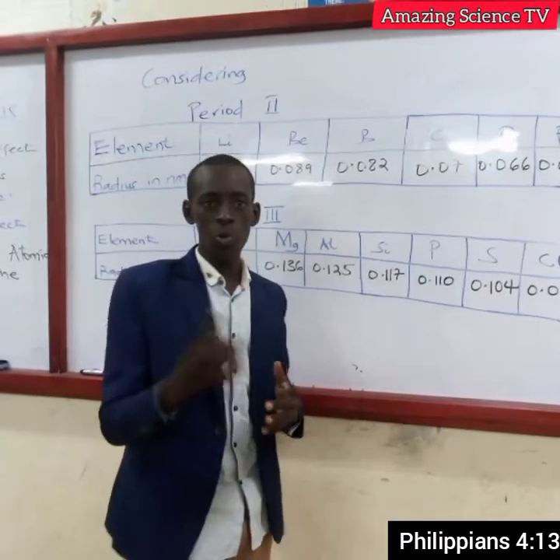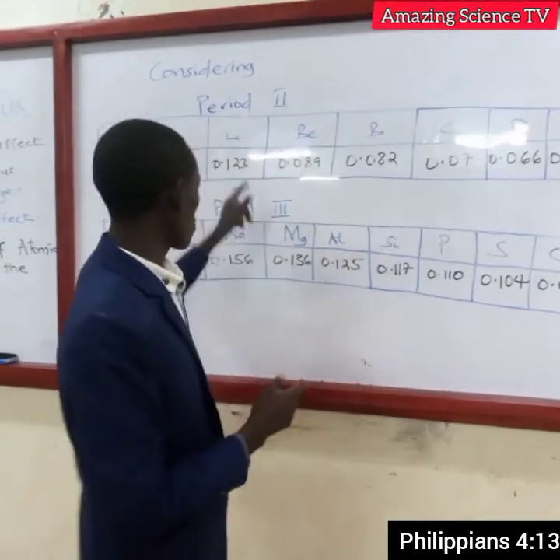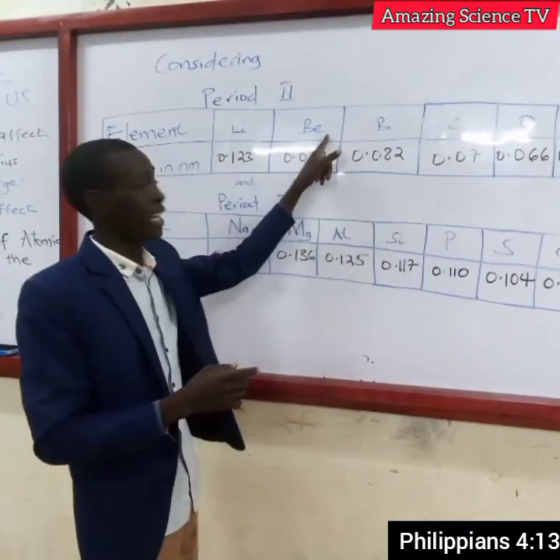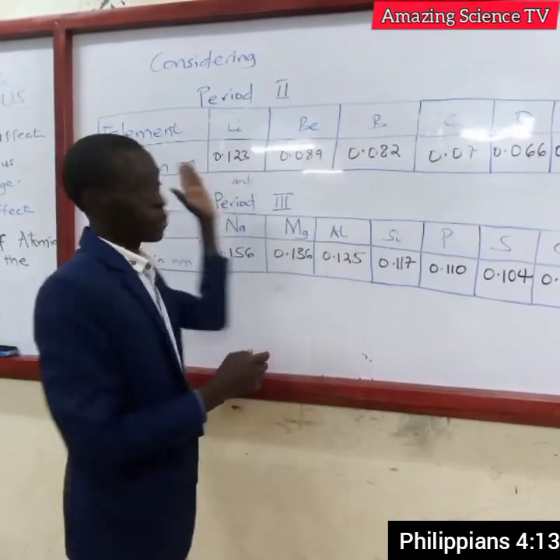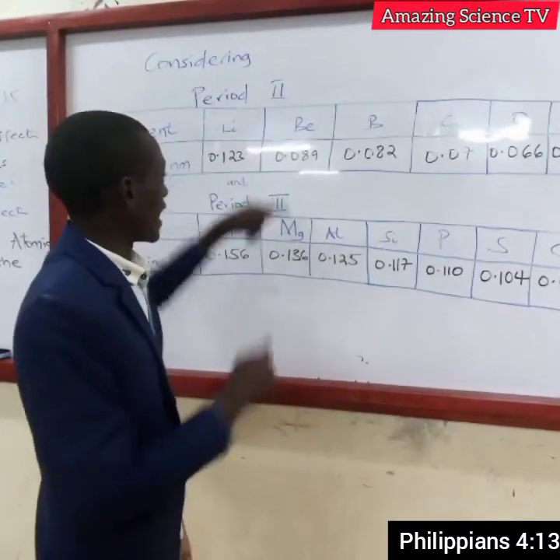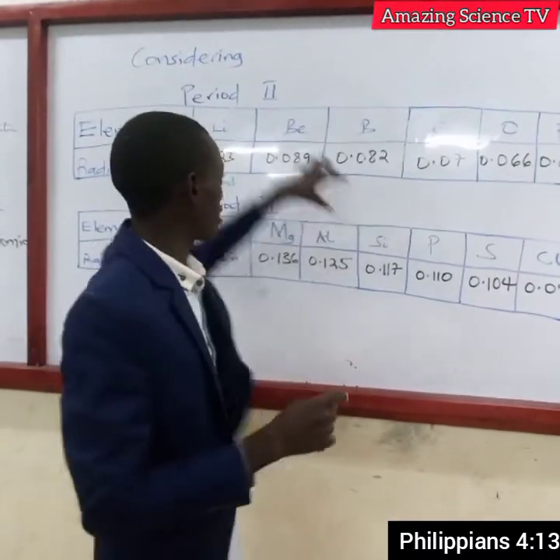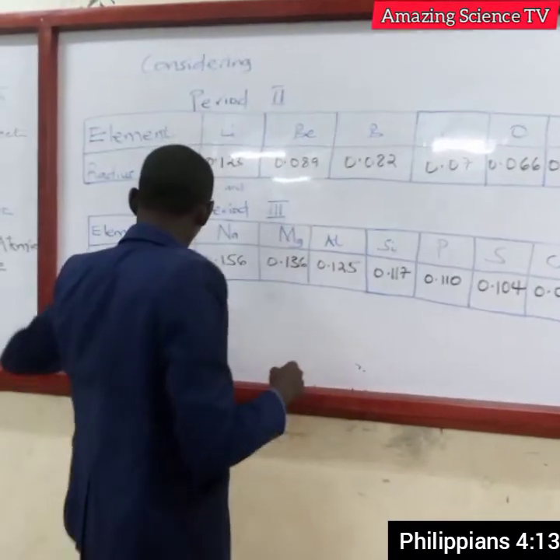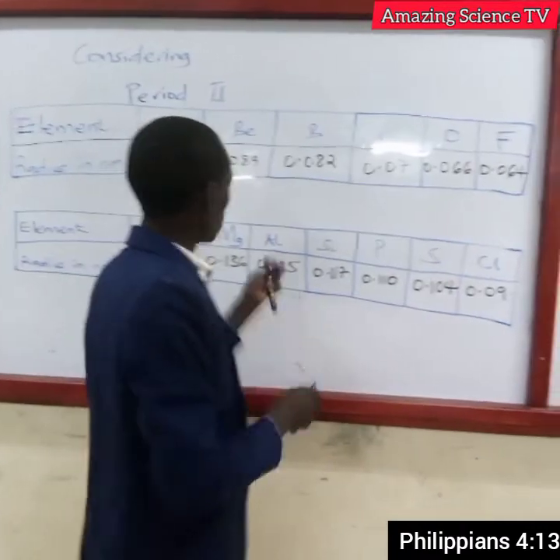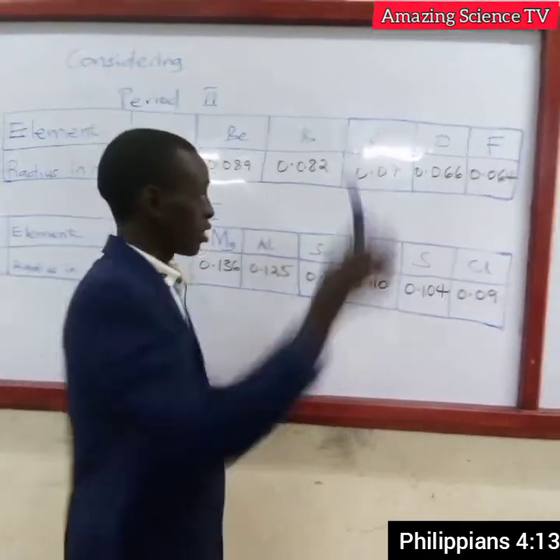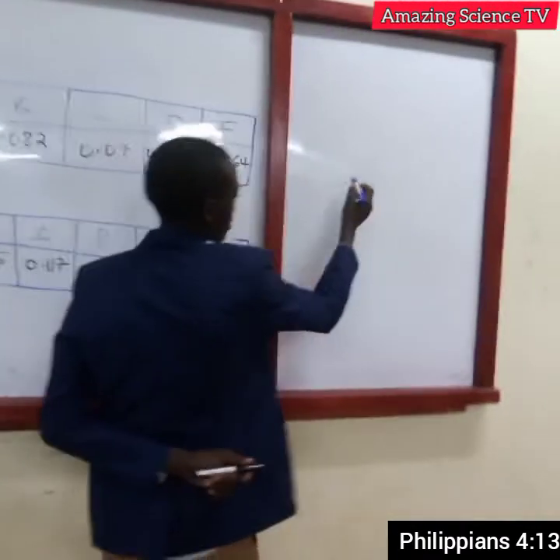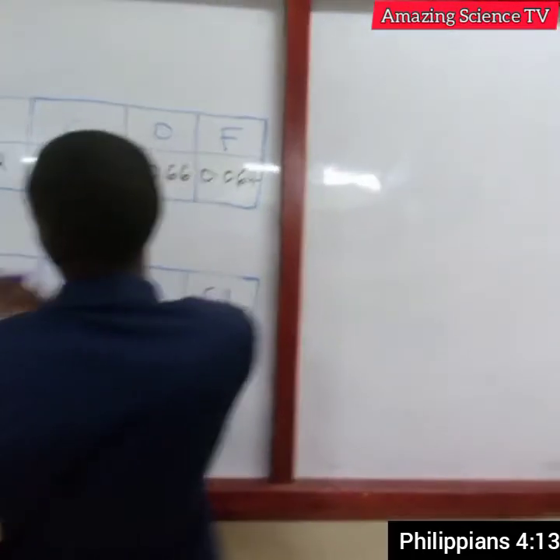So the reason is one. As we move from one element to another, from left to right, we see that an electron is added to the same shell of an atom. So taking an example of sodium.